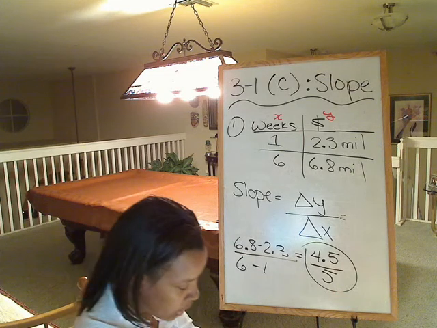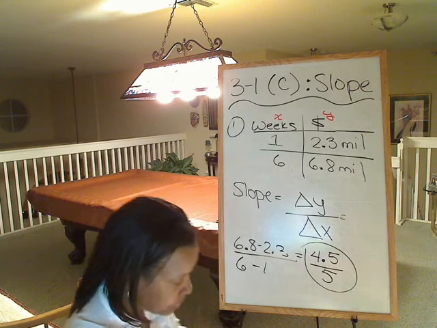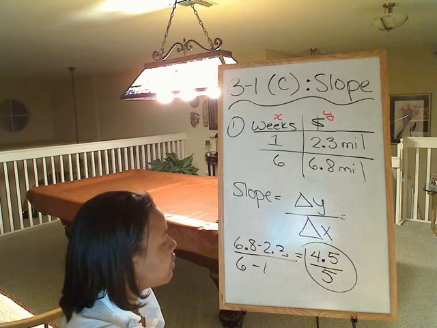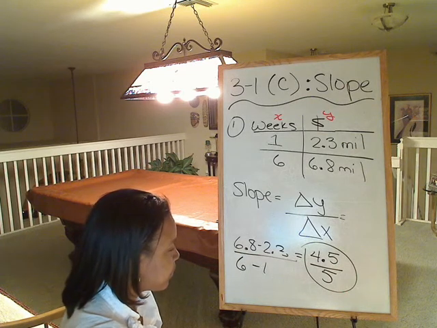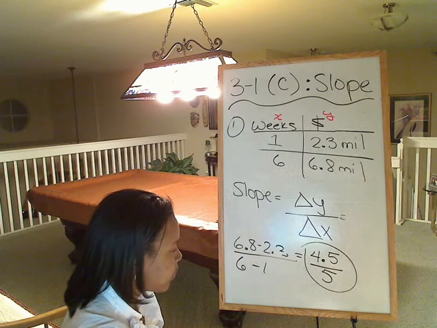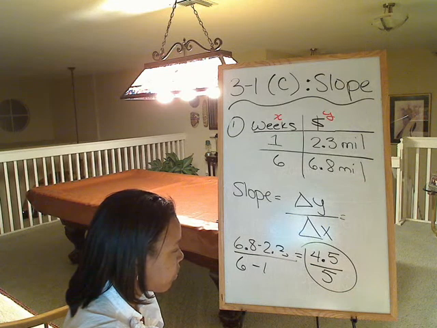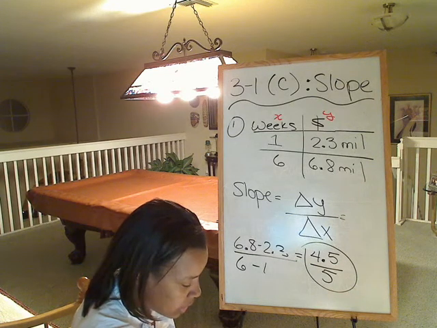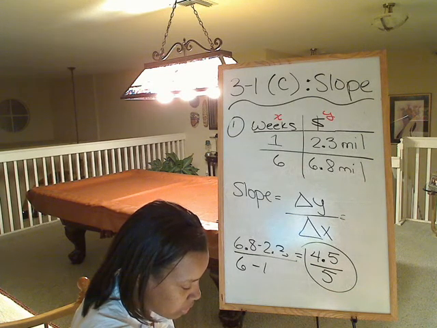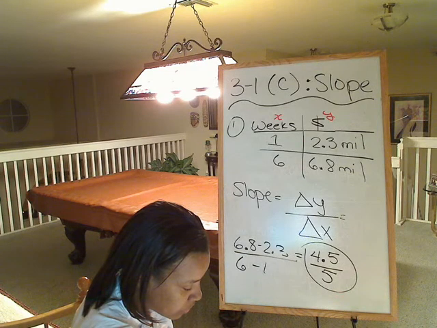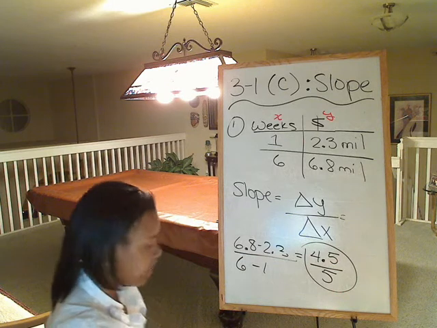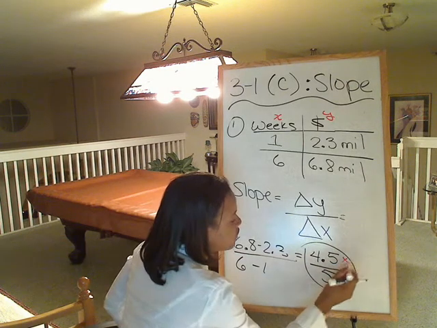So now, how would I write that as a slope? You don't really like to have decimals. Probably the easiest way to write that would be, let's multiply it by 10 to get rid of the decimal.